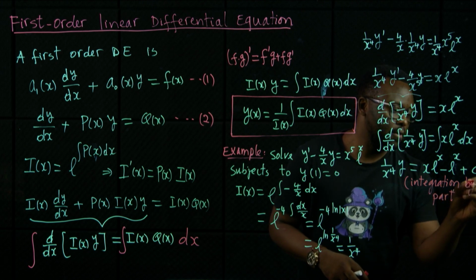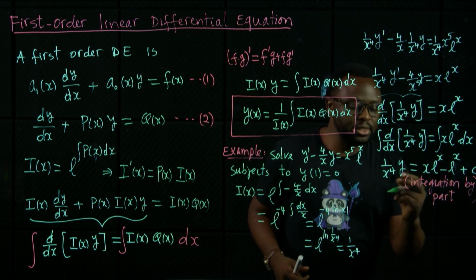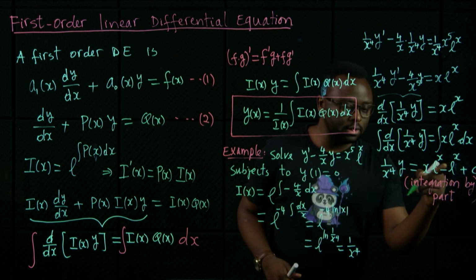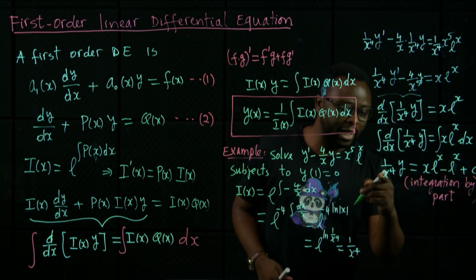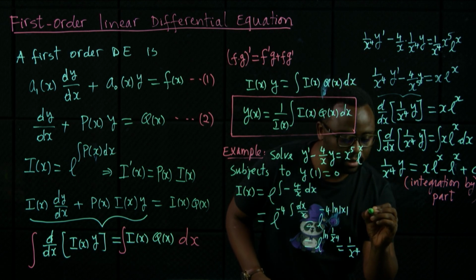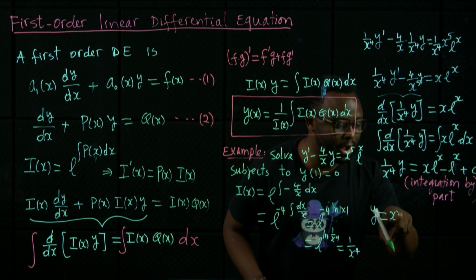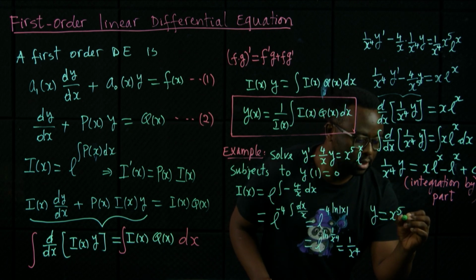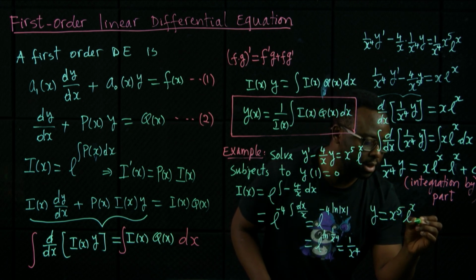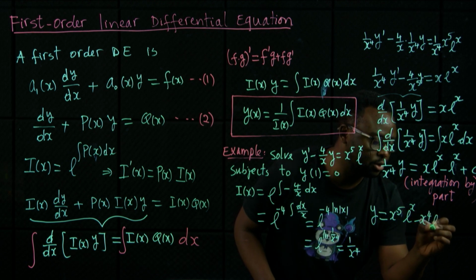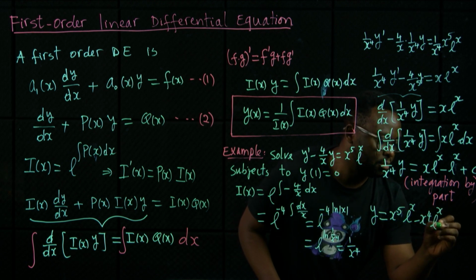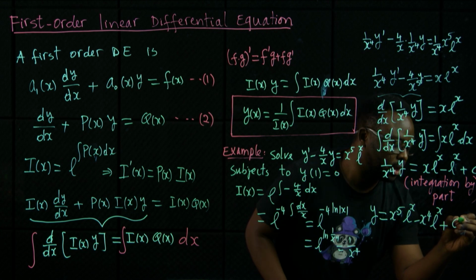Then if we rearrange this, we multiply this equation through by x to the power 4. The final step gives x to the power 5 times e to the power x minus x to the power 4 times e to the power x plus c times x to the power 4.